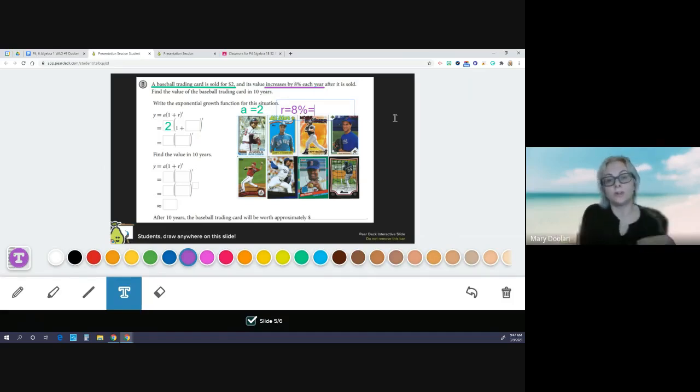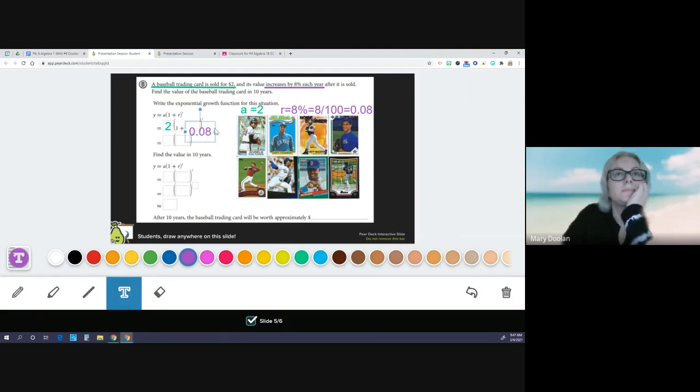So I have to convert 8%, yes, Mauricio, to a decimal. So 8% literally means 8 per 100. So this is the same as 8 divided by 100, which is the same as, and you can type this into a calculator, 8 divided by 100, you would get 0.08. So that's how you can convert a percent to a decimal. And then this decimal is what I'm going to plug in right here.